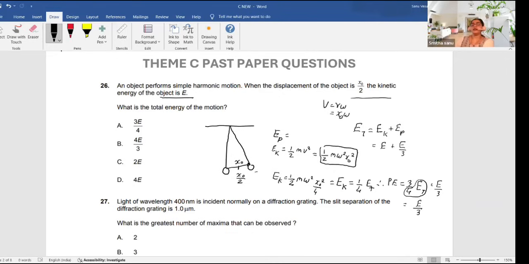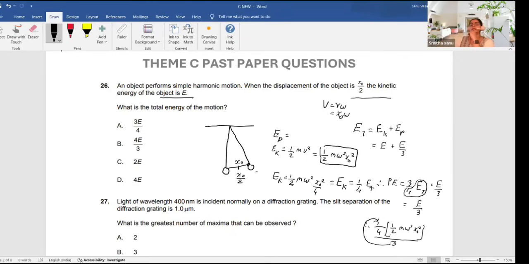Let's see again. E is nothing but one-fourth of half m omega square x0 square. If you divide this by 3, what will happen? This 3 will go on the top, and that becomes three-fourth.